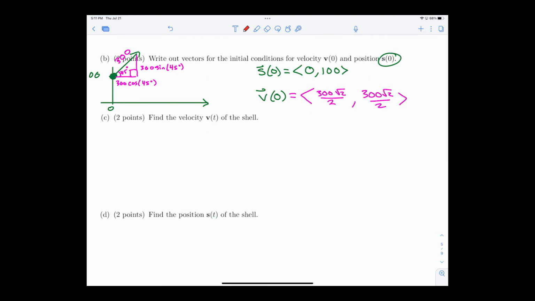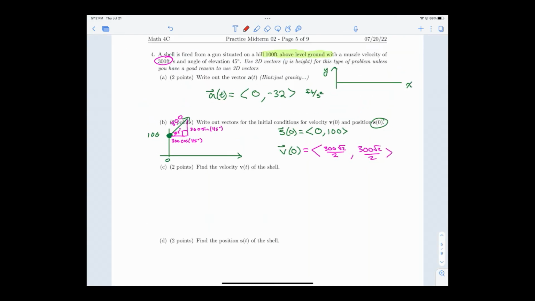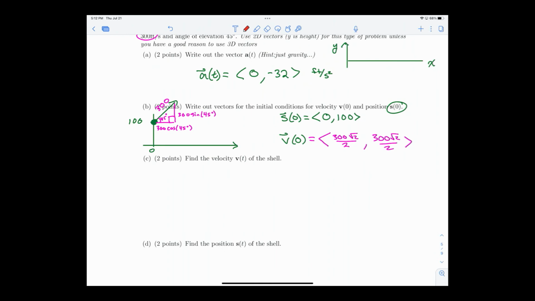Now find the velocity of the shell. There are formulas for all this stuff, by the way, that you can use, but I'm just deriving it as we go. In order to get velocity, you integrate acceleration.